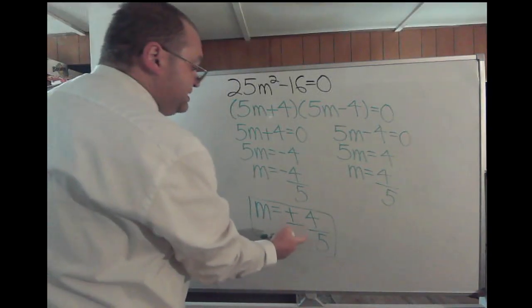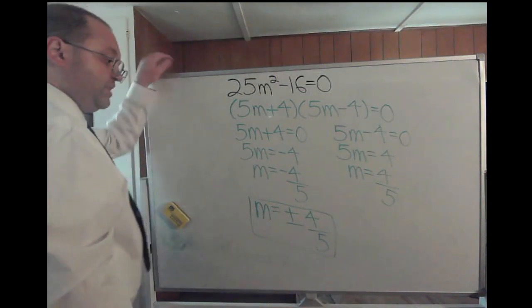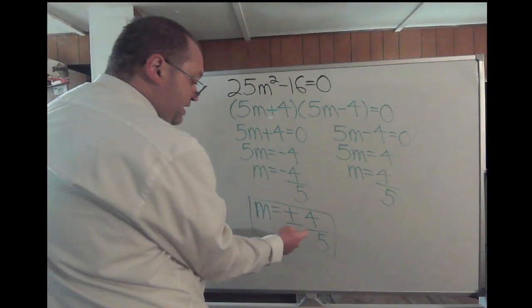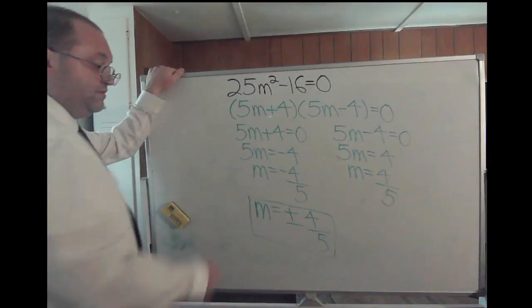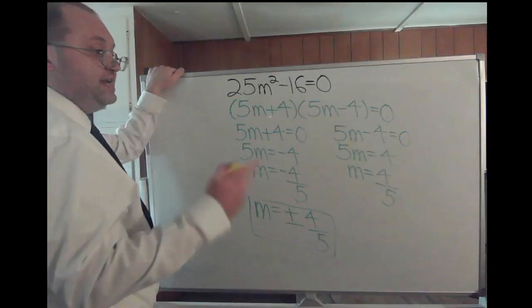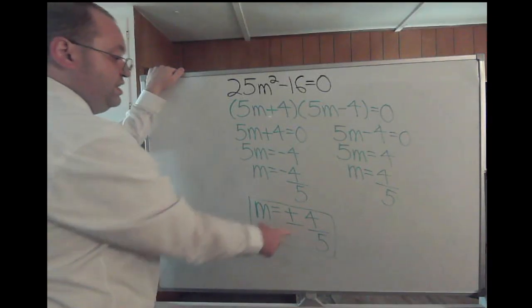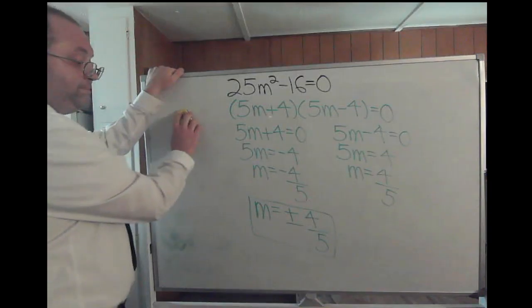That denotes that you have two solutions still, but one's positive and one's negative. So this saves you from having to write 4/5 and then negative 4/5. You just do one symbol and then 4/5, the plus minus symbol.